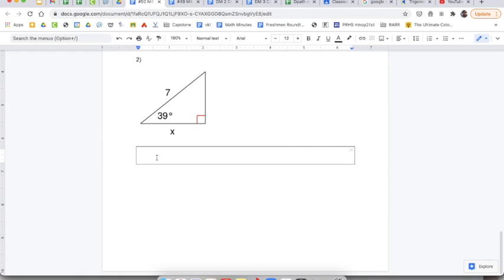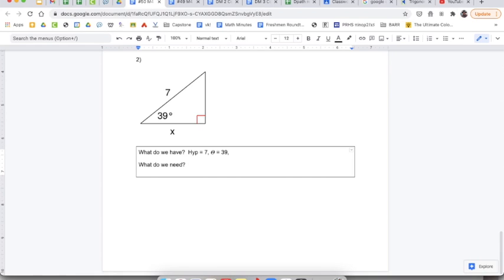In this problem, let's think about what do we have. In this case, we have the hypotenuse. Okay, so we can use that. We have the angle theta equals 39, so we can use that. What do we need?